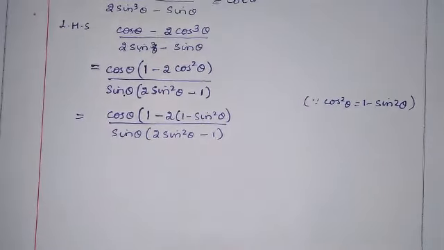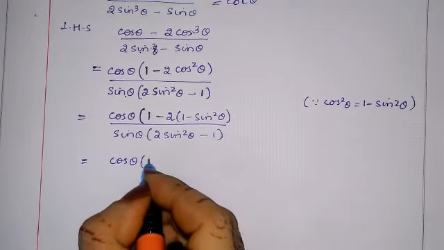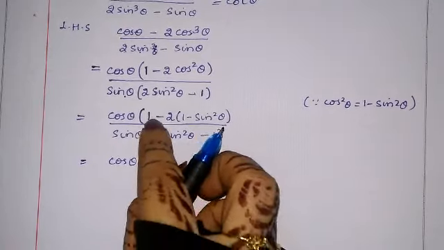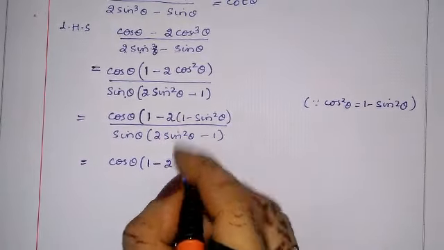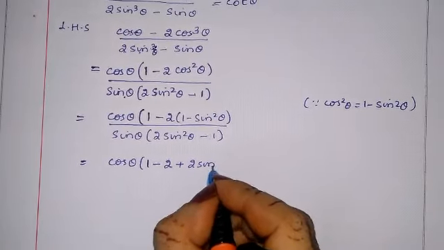Okay, so now cos theta as it is, 1 minus 2 ones are 2, minus minus plus 2 into sin square theta is 2 sin square theta.